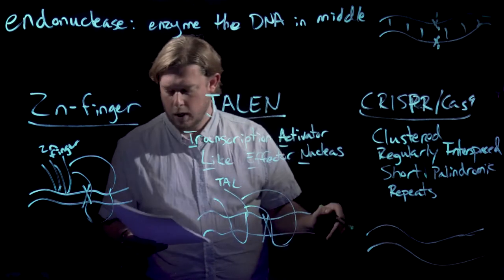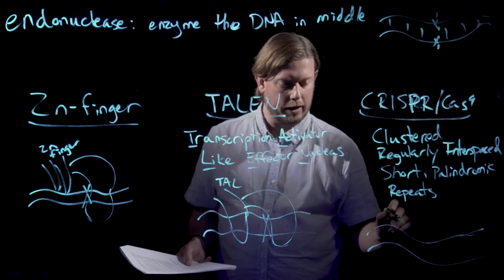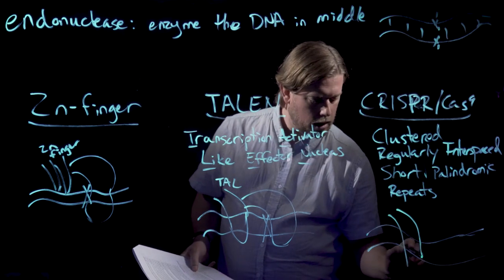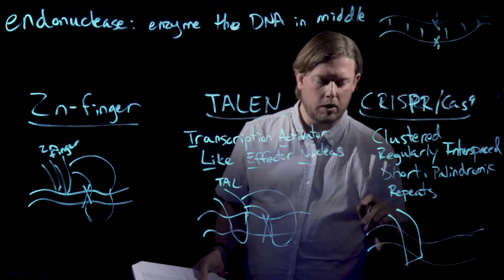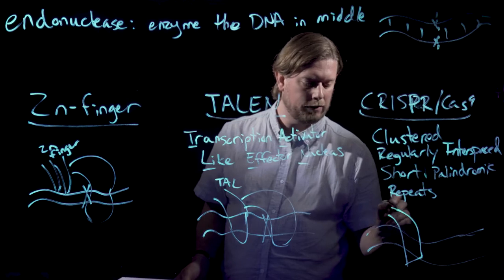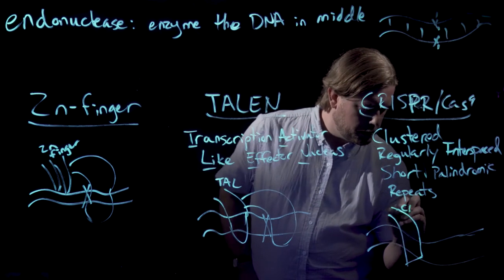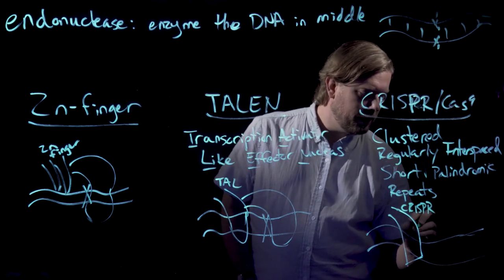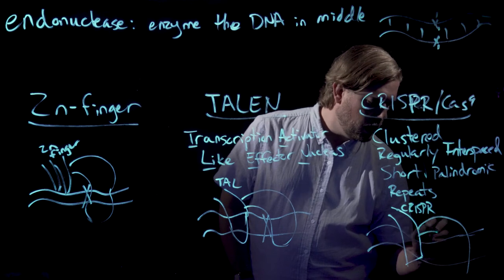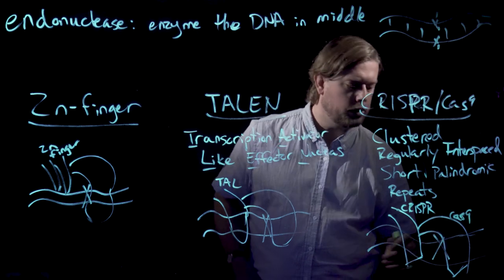Now, CRISPR is a family of DNA sequences that are in prokaryotes that are derived from viruses and are responsible for providing a form of adaptive immunity for prokaryotes in recognizing foreign genetic material. Now, this is the CRISPR domain here, and these are typically paired with the effector nuclease domain. The most common one is the Cas9 restriction endonuclease, which is why you'll hear this commonly referred to as CRISPR-Cas or CRISPR-Cas9.